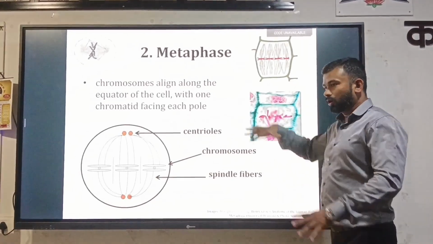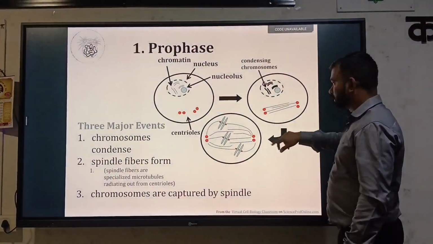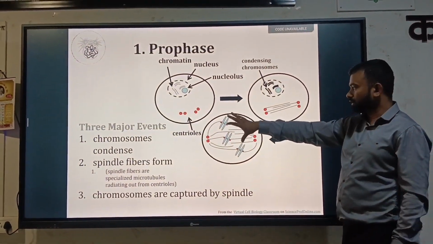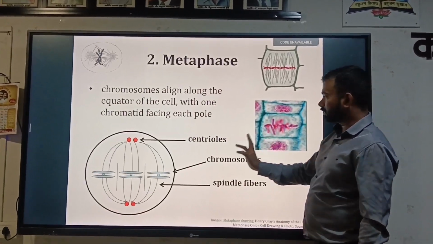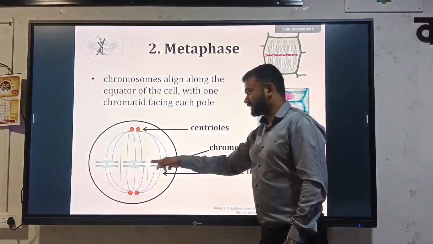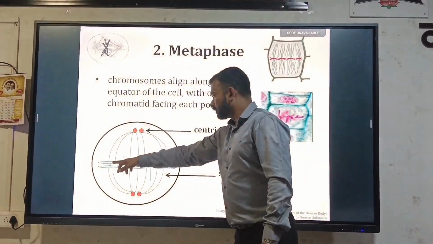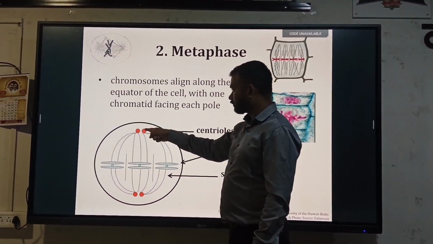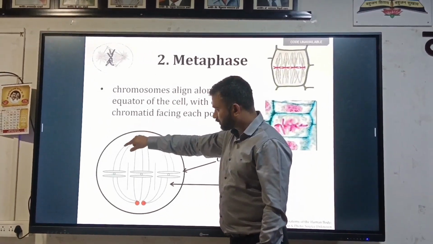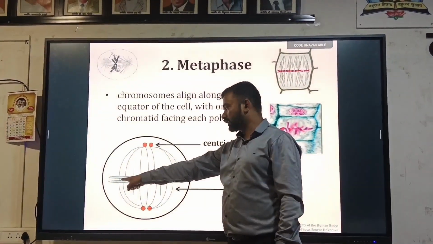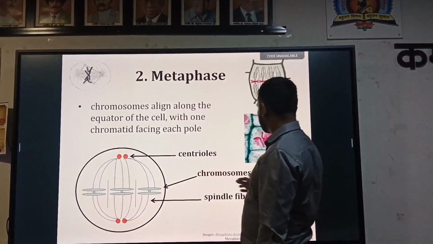In the metaphase, all the chromosomes, which you can see here are irregularly dispersed inside the nucleus, will be arranged at the central region, and from the polar regions, the south as well as north pole, the spindle fibers attach to the centromere of the chromosome.